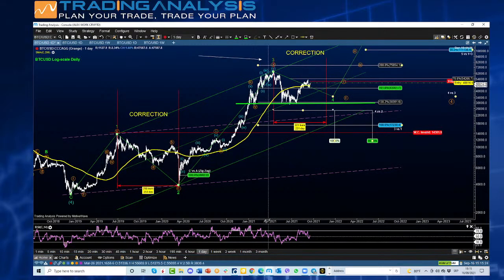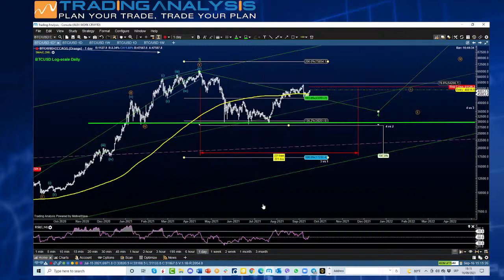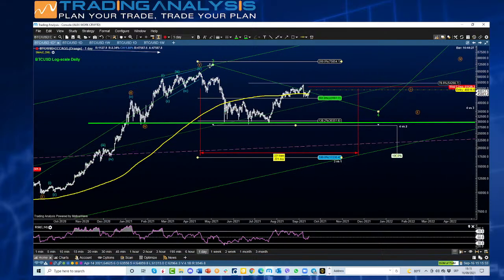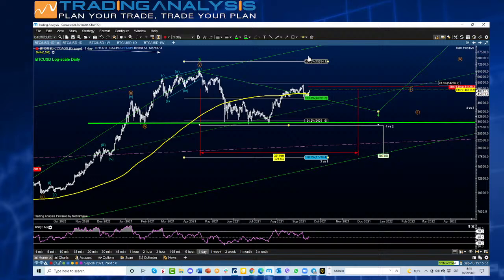Although we do see a probability that this wave 3 can go for higher Fibonacci ratios than 200, which was pretty much our leading one when we said a couple of months ago, nope, we are not going to go directly from here to 100K. Our target was around 74K.